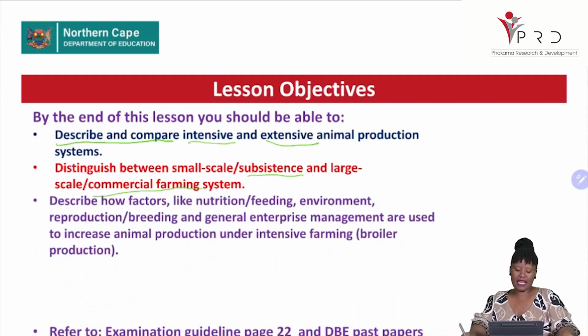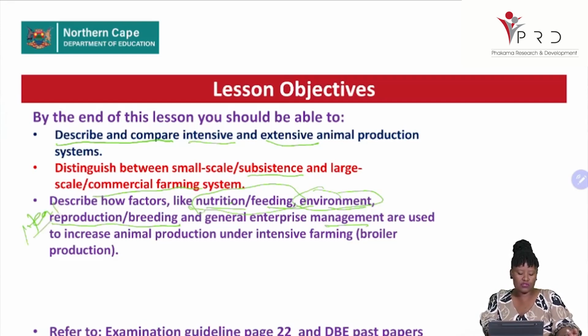Describe how factors like nutrition, feeding, environment, and management are used. When we talk of nutrition, we talk of feeding. When we talk of environment, we are looking at what happens. We look at nutrition, environment, reproduction and breeding, and some textbooks talk about health and general enterprise management.